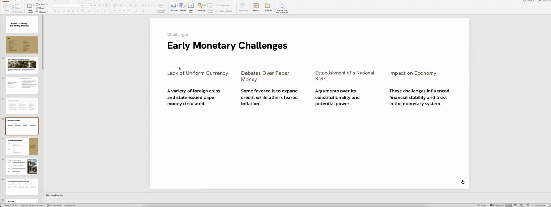But the problem is that we don't have a uniform currency. We have some people using federally issued currencies, and then we have local currencies being used too.